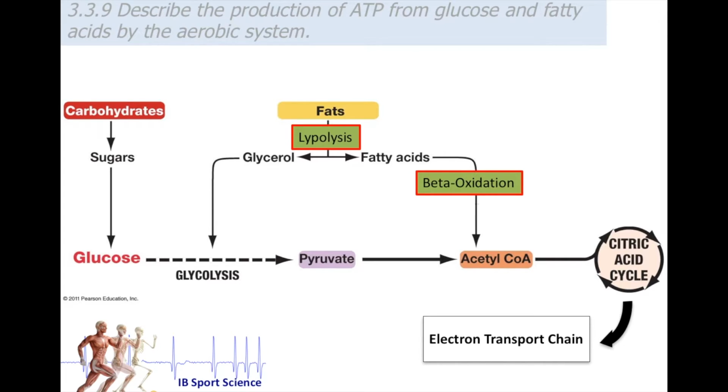Now, the breakdown of fats produces huge amounts more energy than the breakdown of carbohydrates. This is why they're seen as a very high energy store. What we're going to do is have a look at exactly why it produces so much ATP. You don't need to know this for the exam, but it's quite interesting to look at and try and realise why fats produce so much more energy.